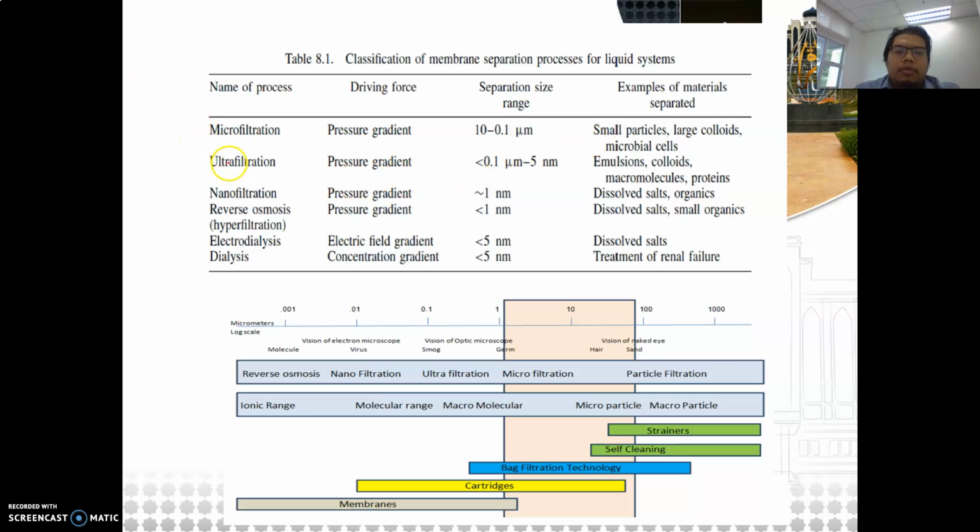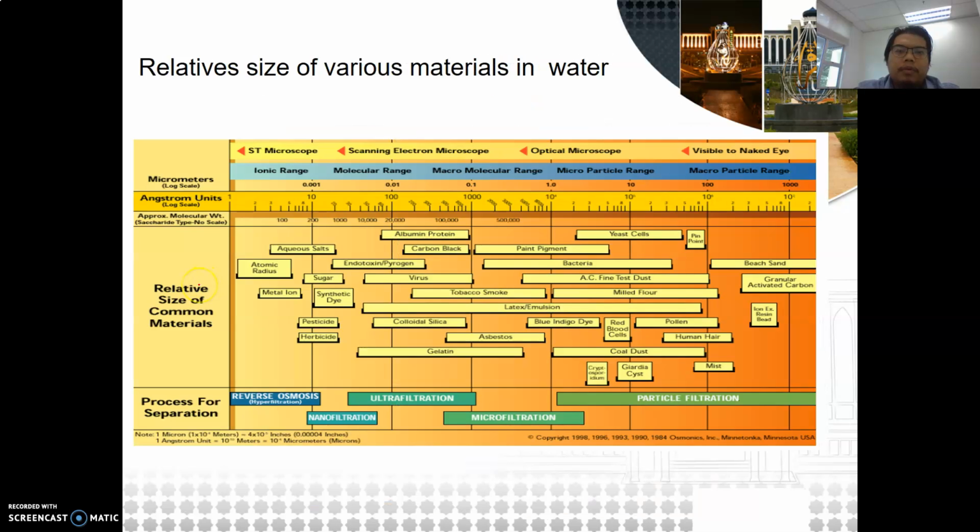And so we go to ultrafiltration, nanofiltration and reverse osmosis, where the size of the particle becomes smaller. Here you can see the relative size of various materials in water. So if we would like to do water treatment, it depends on our objective.